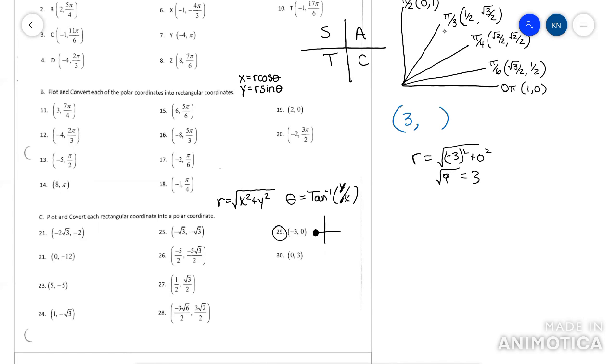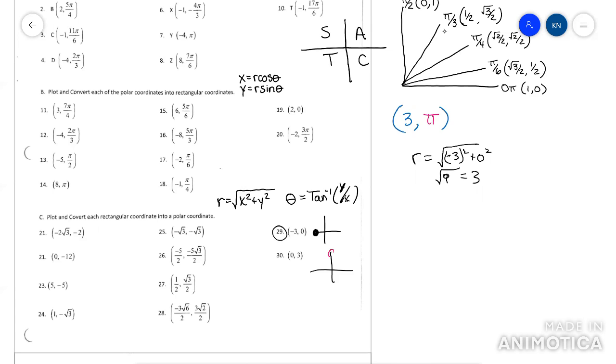Okay, now on the quadrantals, you kind of just got to use your head. Where is this? It's at pi. On a quadrantal, you don't need to go through that whole inverse tan y over x. Just use your head. Where is this angle? It's pi. Look at the next one, 0, 3.